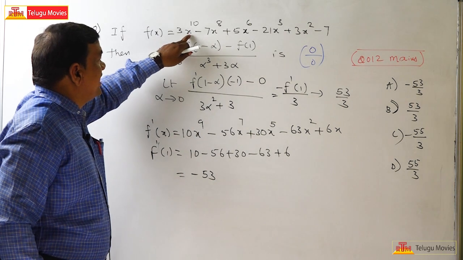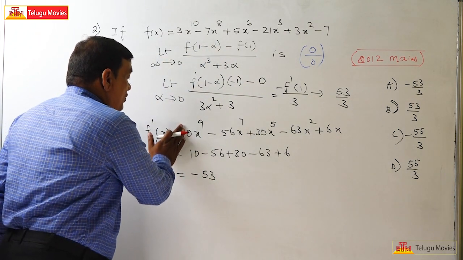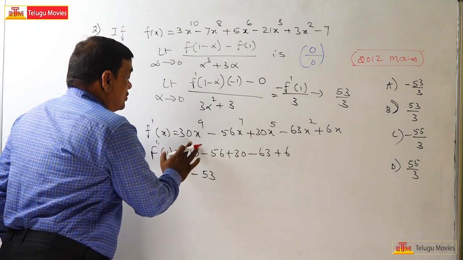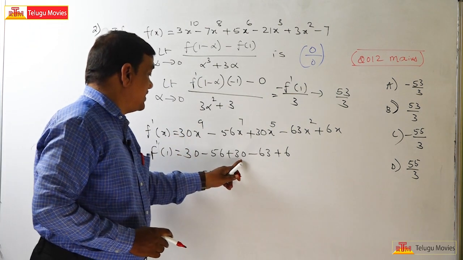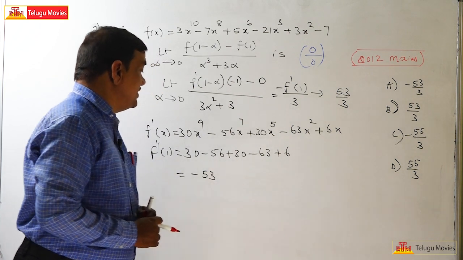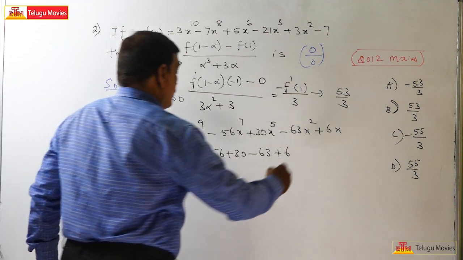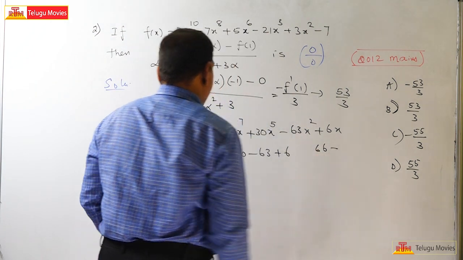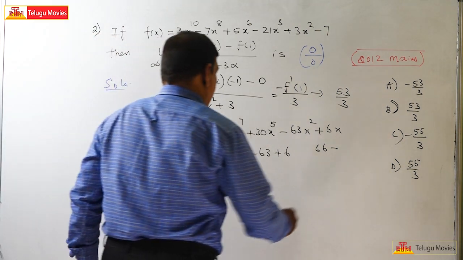Once you check, x power 10 derivative is 10, and here you will get 30. So 30 plus 30, 60, 60 plus 6, 66. So 66 minus 56 minus 63.